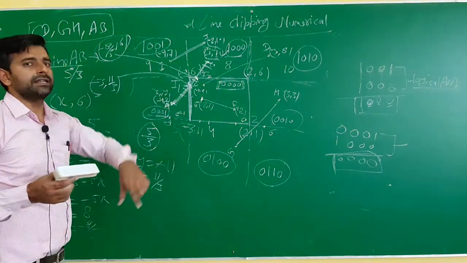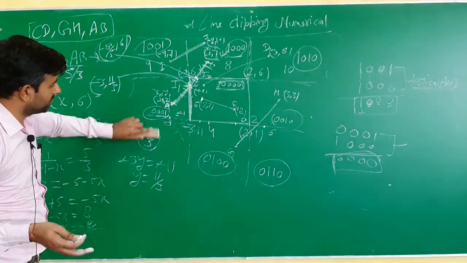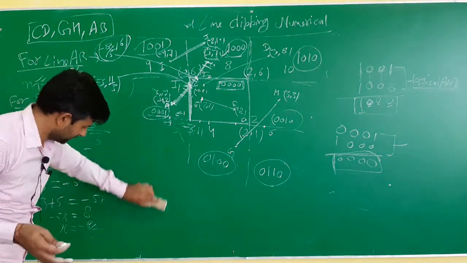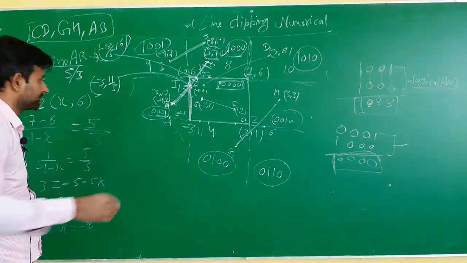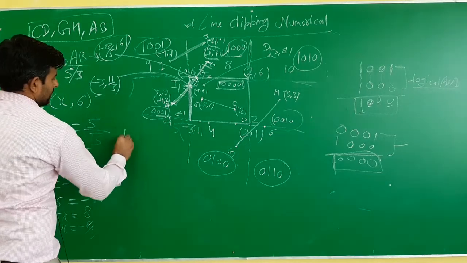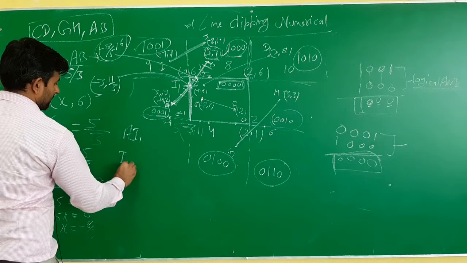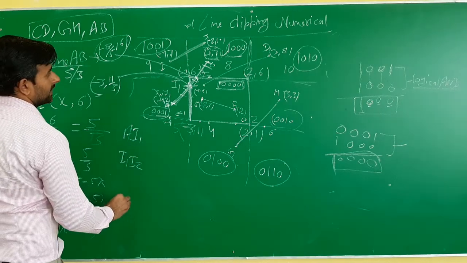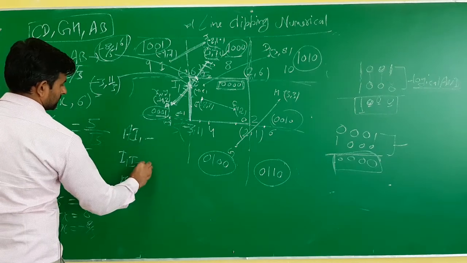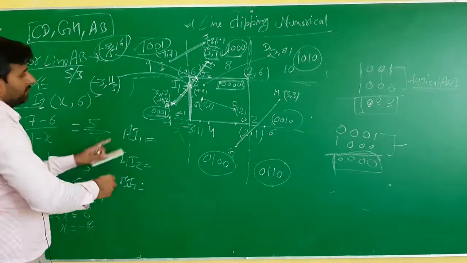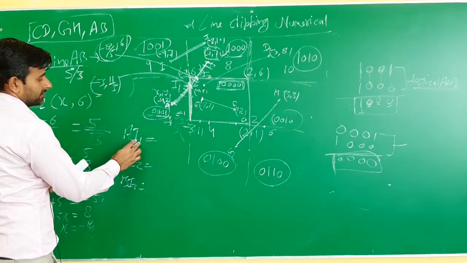To find the visibility and non-visibility, we will again perform the logical AND operation. Now we have the line A I1, line I1 I2 and line B I2. Now we will take the region codes of A and I1.